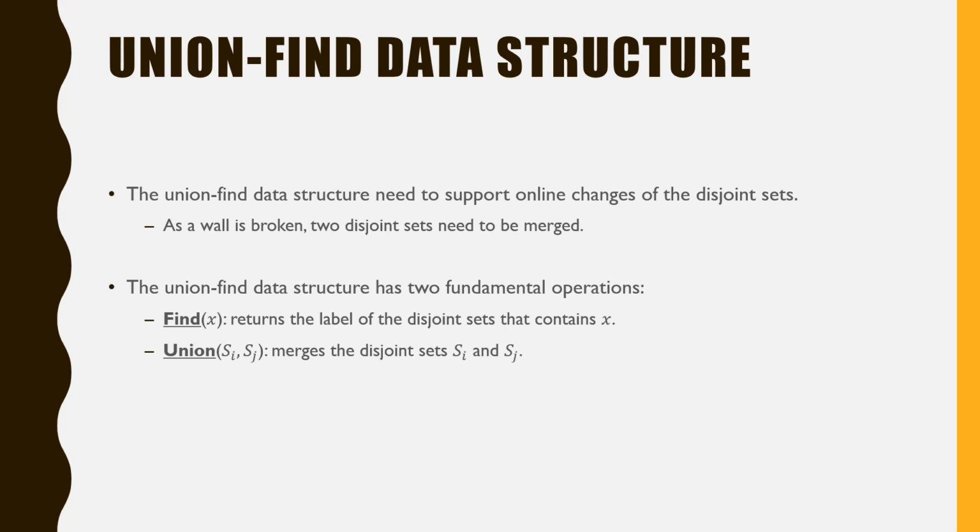For instance, when a wall between two adjacent rooms is removed, these two rooms become connected. Consequently, we must also merge the two disjoint sets, each initially containing one of the rooms. To achieve this, we first use the find operation to identify the disjoint set associated with each room. Then, we apply the union operation to merge the two sets.